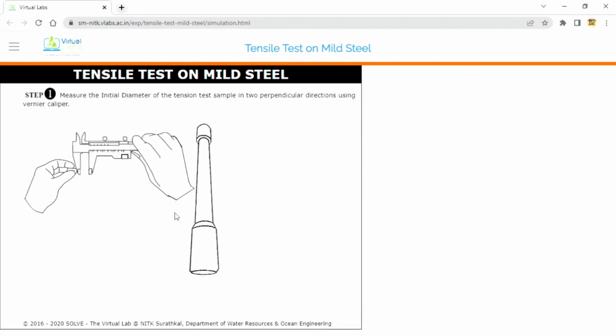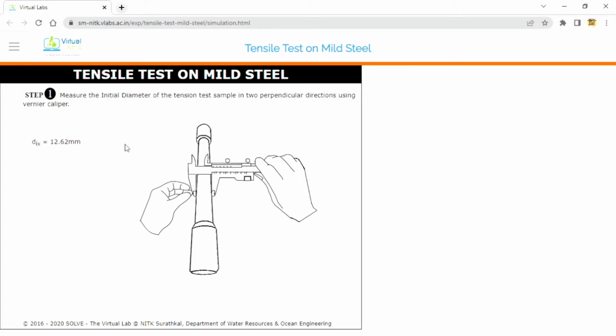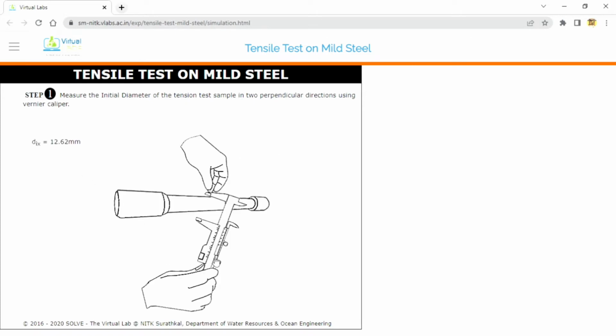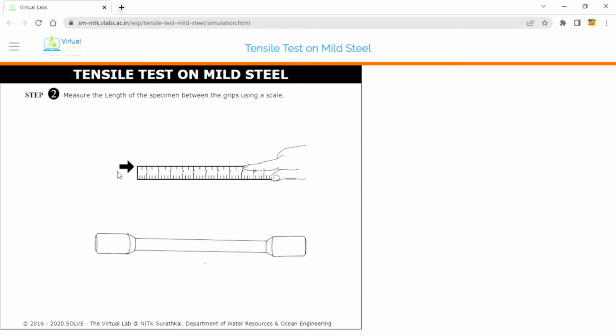Step 1. Measure the initial diameter of the tension test sample in two perpendicular directions using vernier calipers. Average initial diameter D we have got is 12.62 mm. Step 2.